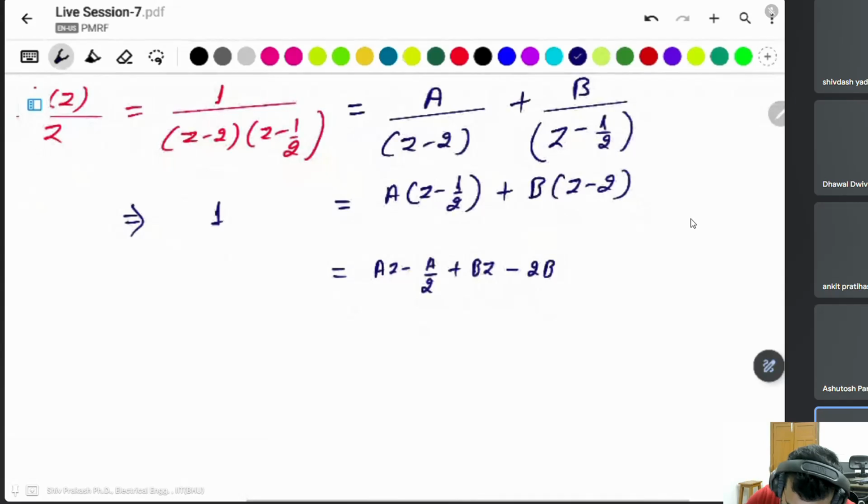To solve this equation, take the common factor together: (a plus b)z. The z coefficient on the left side, the right side will be 0. The constant value is minus a by 2 minus 2b equal to 1.